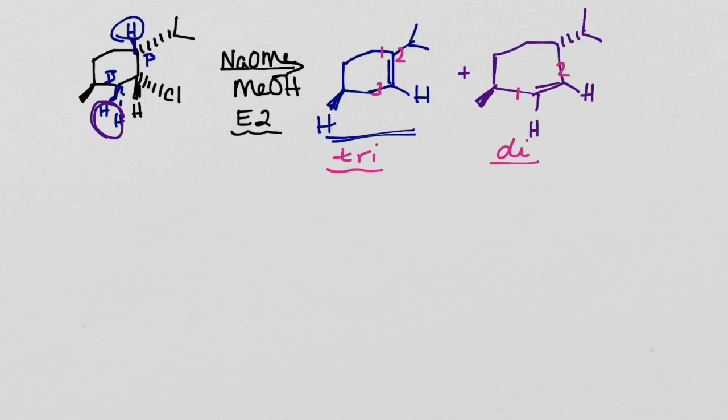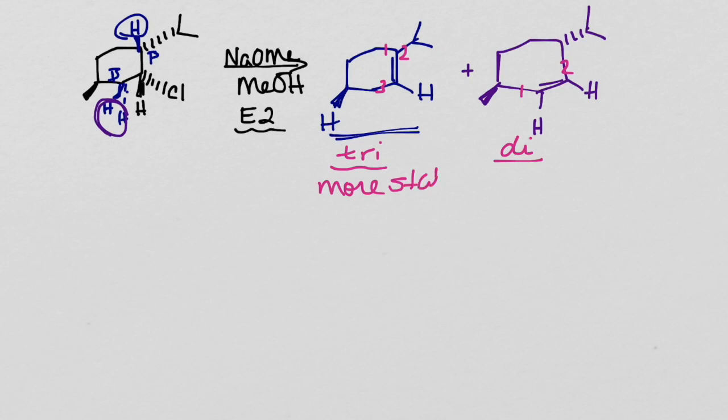The more substituted alkene is more stable. This is the Zaitsev product. And it is the product that I would expect because I've used a small base, and the small base favors the Zaitsev product.